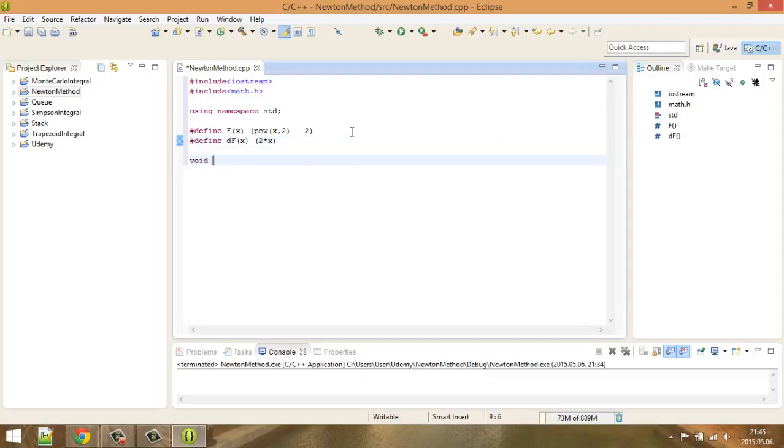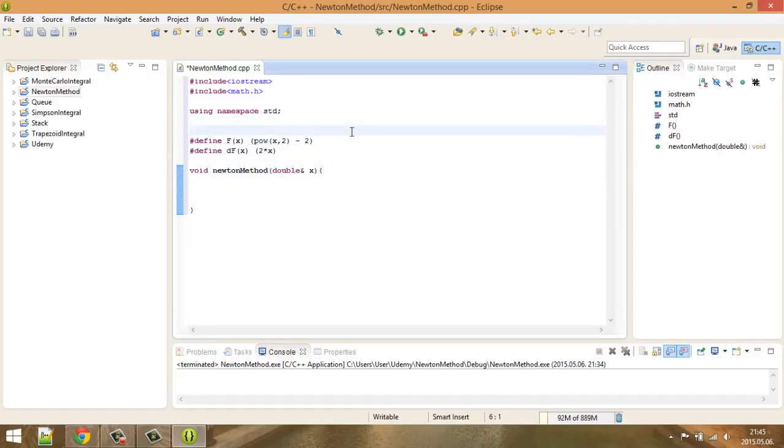Okay, so we will have a void Newton method, and it's going to get a double reference, and I think we should calculate an error term.